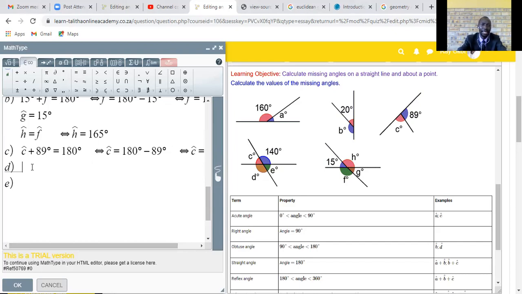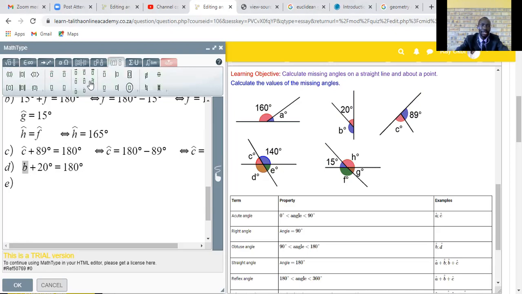What we are actually saying is that angle B added to angle 20 should give us the value of 180 degrees.